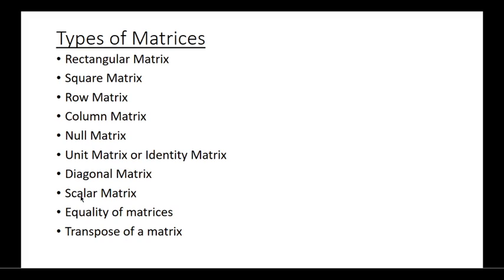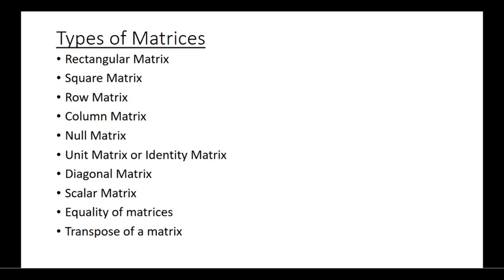Next we discuss the scalar matrix. Before that, we better discuss the diagonal matrix. A square matrix, so here we have to remember the diagonal matrix should be a square matrix in which all non-diagonal elements are 0. So in a matrix, if the elements other than the principal diagonal elements are 0, then such a matrix is known as a diagonal matrix.